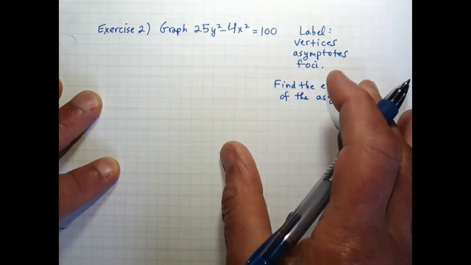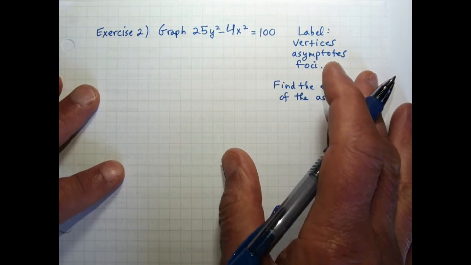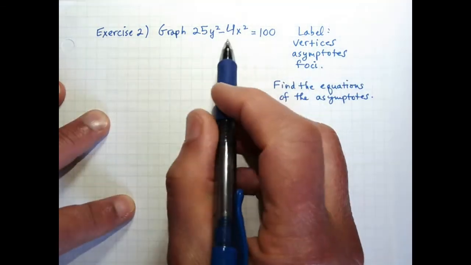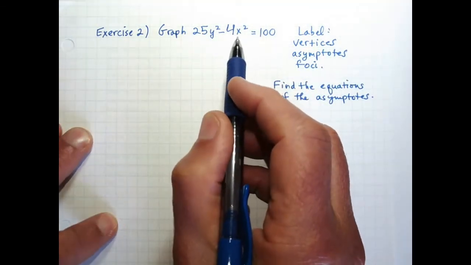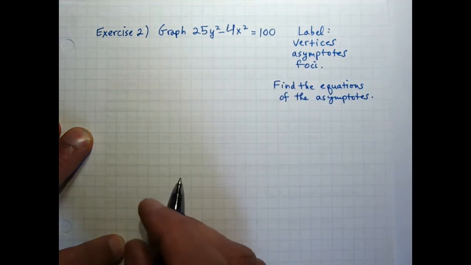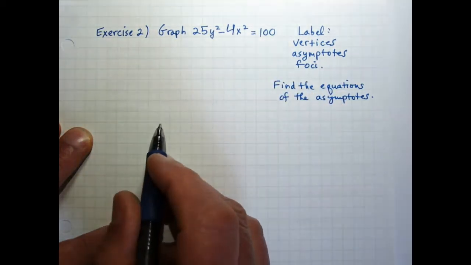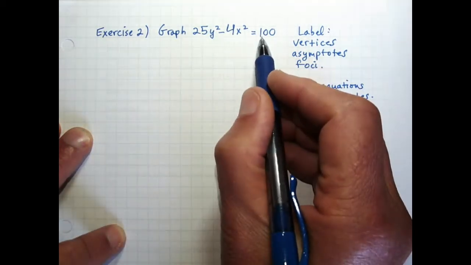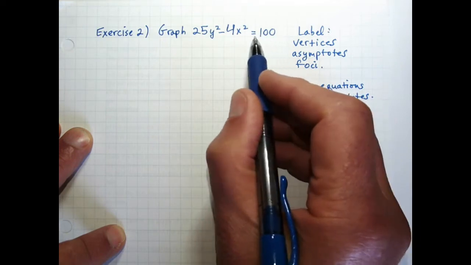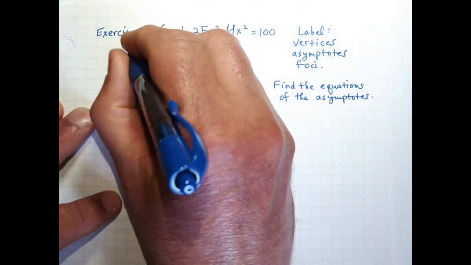And I just want you to be aware that if that seems too complicated or too messy, it's okay right at this point to set x equal to 0, solve for y, set y equal to 0, solve for x, look for those intercepts. But here I'm going to try to write this in standard form. Now, to get standard form, I want a 1 on the right-hand side. So I'm going to divide both sides by 100.